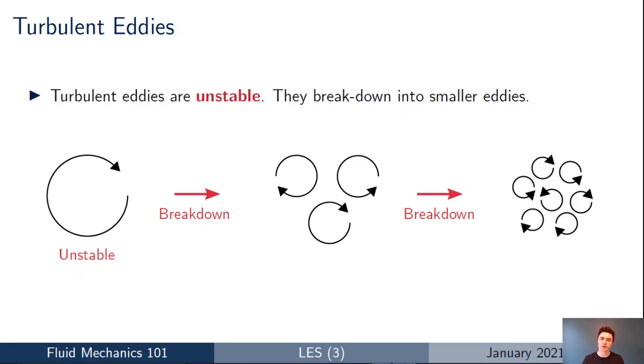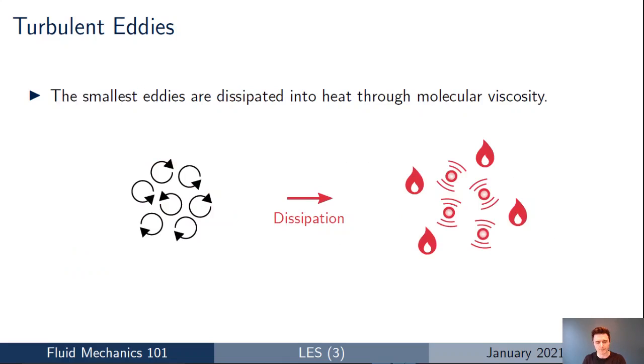The process by which eddies break down and continue to break down, you'll often see referred to as the eddy cascade or the energy cascade. But for now, all we need to care about is that the eddies themselves are unstable and this causes them to break down. The breakdown process continues.